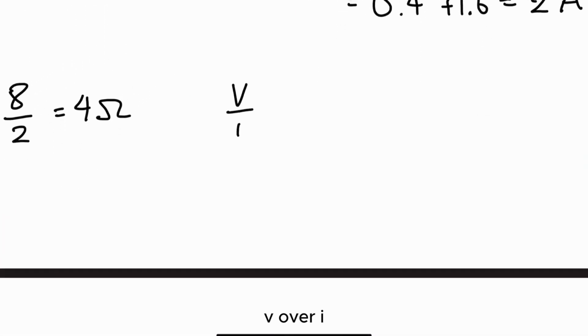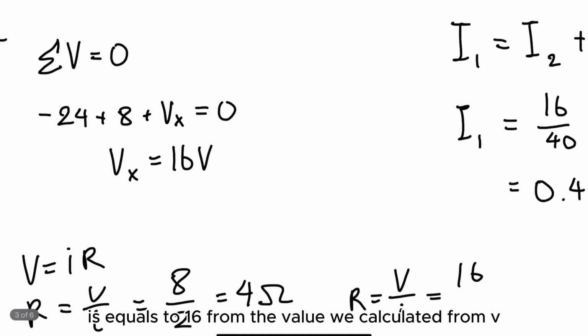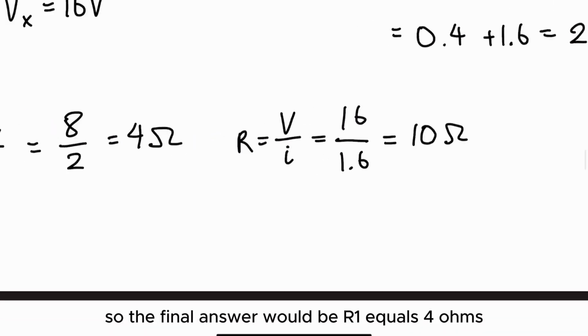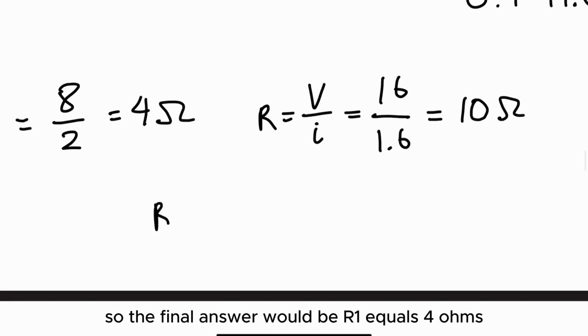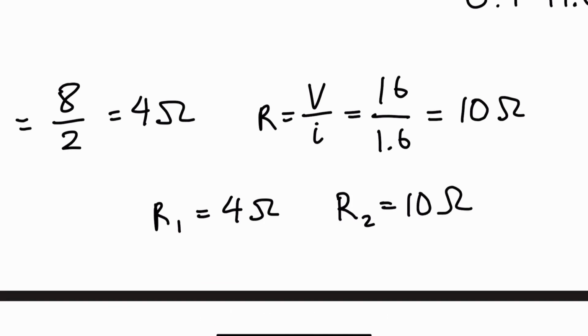V over I is equal to 16 from the value we calculated from Vx over 1.6, what we've been given. That would give us 10 ohms. So the final answer would be R1 equals 4 ohms and R2 equals 10 ohms.